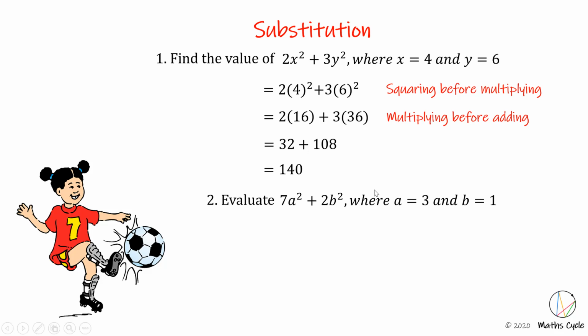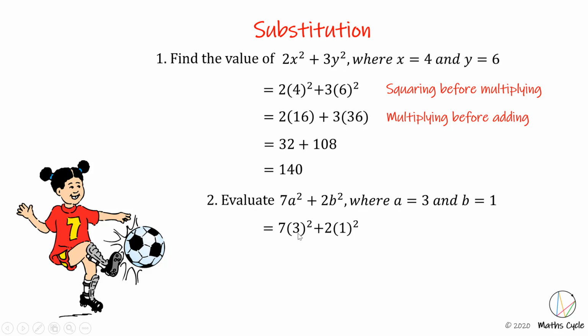Let's look at another example. Evaluate 7a squared plus 2b squared where a is 3 and b is 1. So player a is coming off the field and player 3 is subbing in brackets instead. And player b is coming off the field and player number 1 is subbing on in brackets instead.